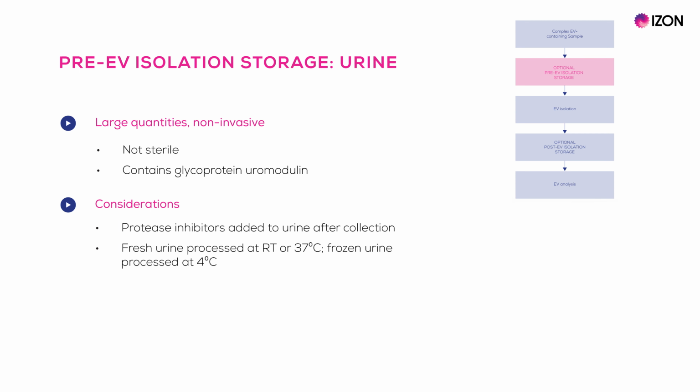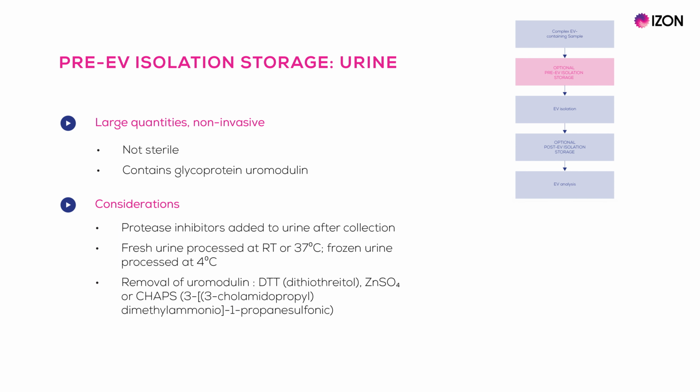Fresh urine should be processed at room temperature or 37 degrees Celsius, as cold temperatures can promote uromodulin aggregation and reduce EV recovery. Otherwise, thawed urine samples should be followed with processing at 4 degrees Celsius. Researchers have used different approaches to eliminate uromodulin.